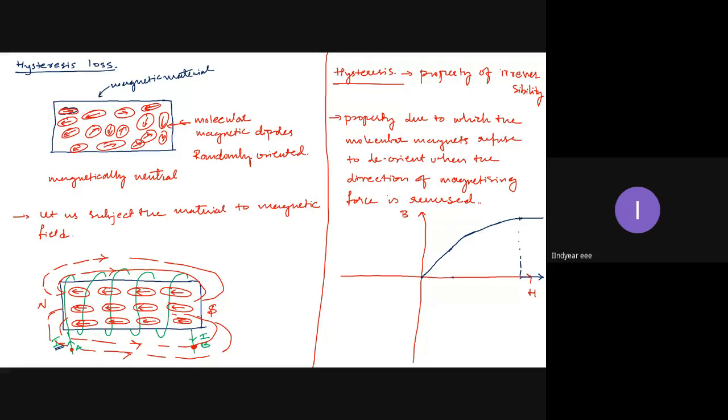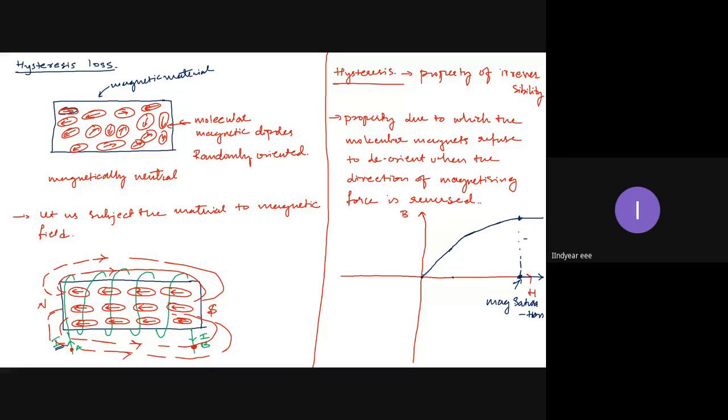This point after which the magnetic flux density remains constant is called the saturation point. This is called magnetic saturation. Never ever should a magnetic material reach this magnetic saturation point. Once magnetic saturation occurs in the machine, energy conversion stops.